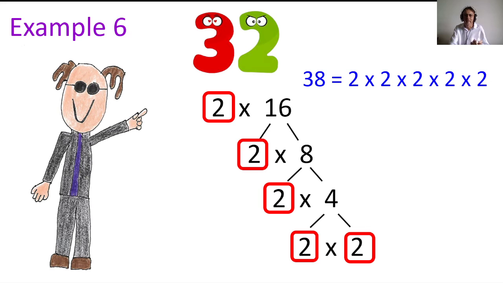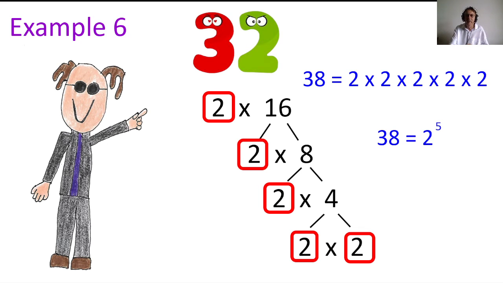So what we do here, we count the 2's. 1, 2, 3, 4, 5. Agree? And what we do is we say 32 equals 2 to the power of 5.